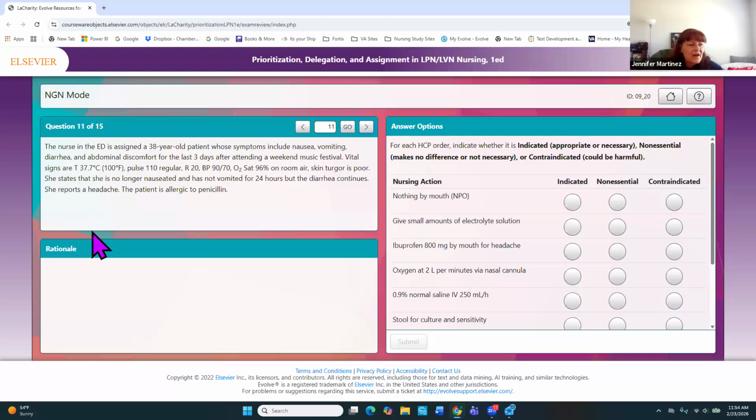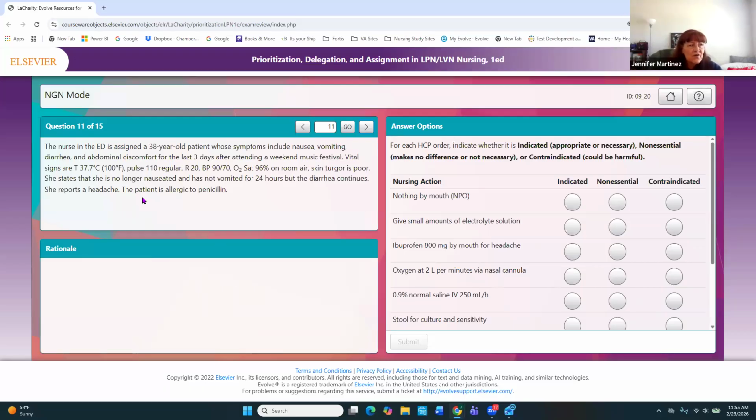All right. So this will be the last one. The nurse in the ED is assigned a 38-year-old patient whose symptoms include nausea, vomiting, diarrhea, and abdominal discomfort for the last 3 days after attending a weekend music festival. Vital signs are 100 degrees Fahrenheit, pulse 110, regular, respirations are 20, blood pressure is 90 over 70, O2 sats are 96 on room air, poor skin turgor.